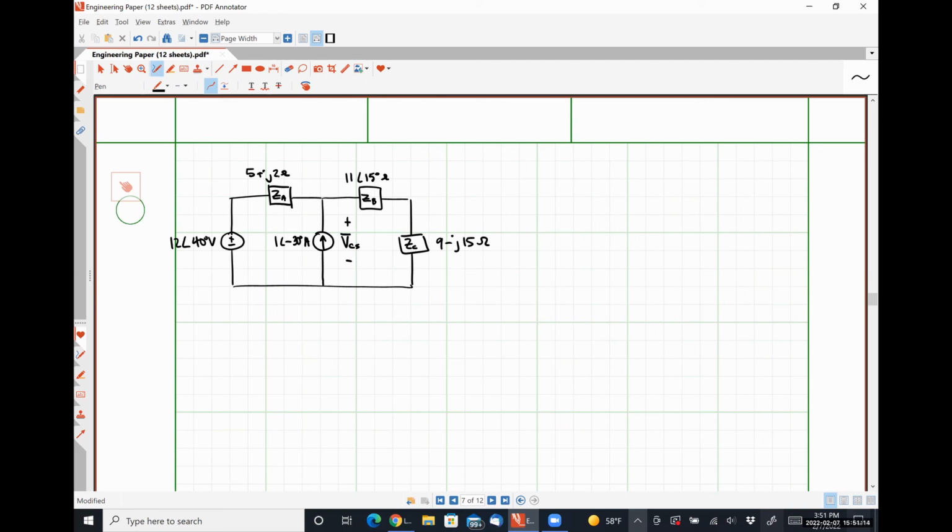So I told you all earlier that we can't use our calculators to solve a system of equations that have complex numbers. But if I can get one equation and one unknown, I can do algebra to get the circuit in a place where I can analyze it using my calculator.